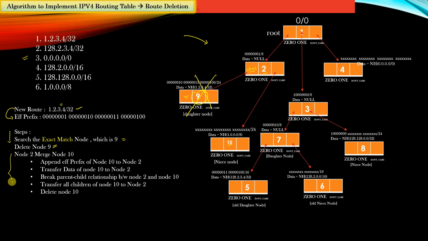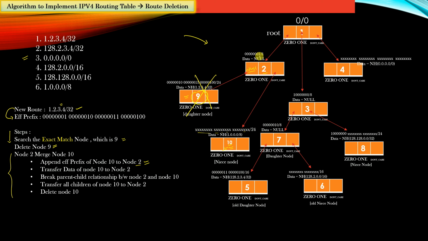So the following step is the node merging algorithm. Let us execute these steps one by one. The very first step says to append the effective prefix of the other child, which is the node 10. Node 9's parent is node 2 and node 2's other child is node 10. So append the effective prefix of the node 10 to the effective prefix of the node 2. The effective prefix of the node 10 is 24 don't care bits.